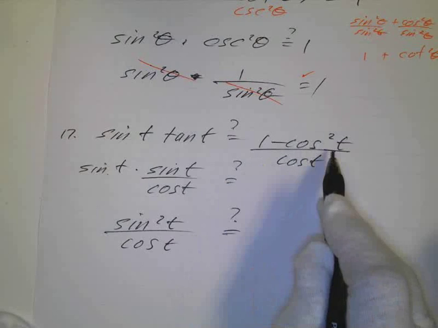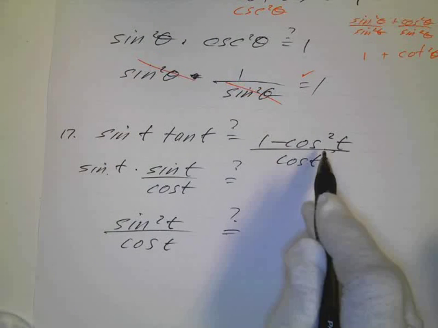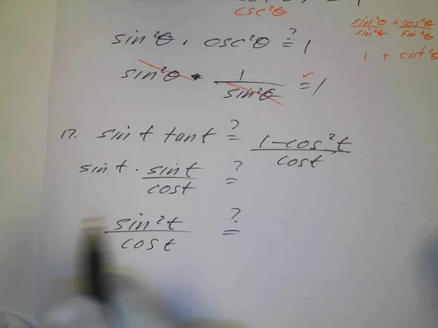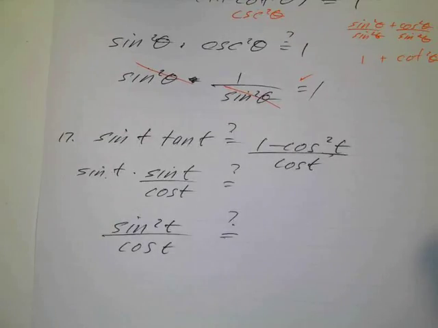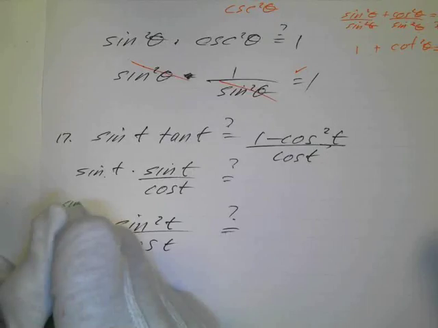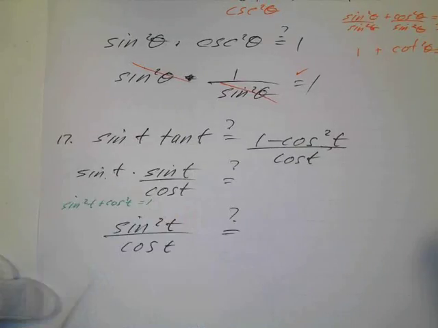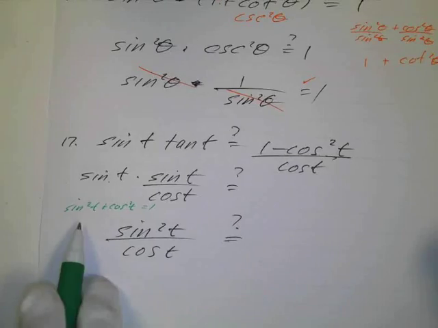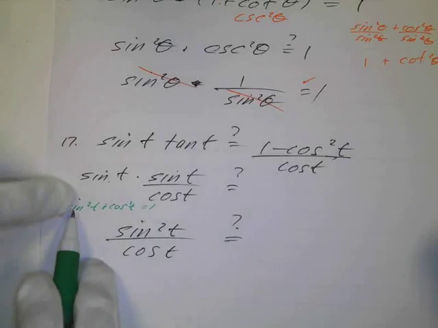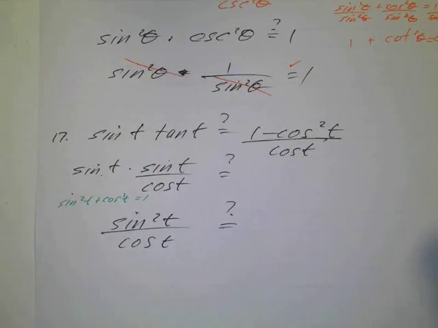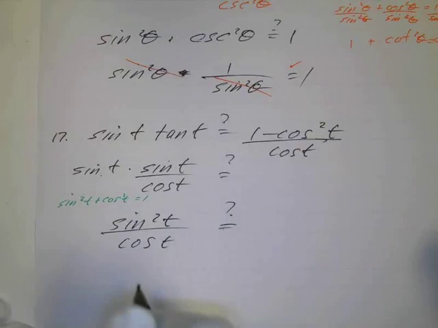And remember we talked about this. What's the sine squared? Isn't that the same thing as 1 minus the cosine squared? Remember, the sine squared of t plus the cosine squared of t equals 1, right? So if I solve for the sine squared, it equals 1 minus the cosine squared.